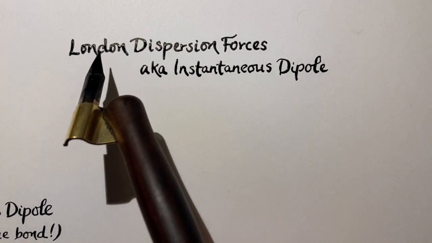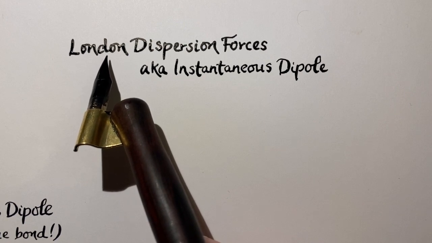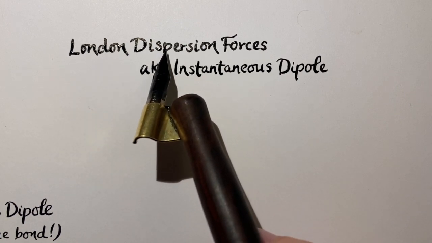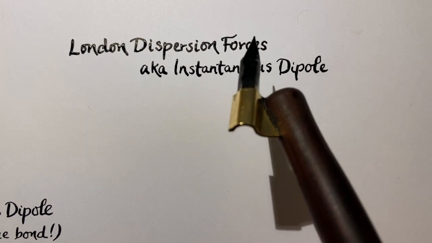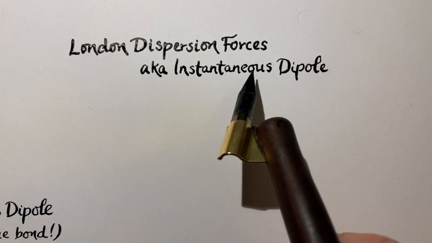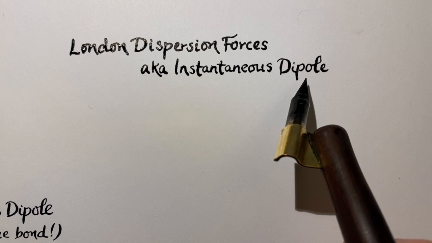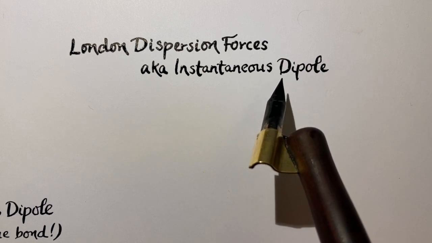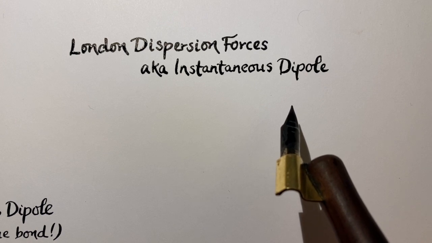Some people shorten this and just say London Forces. Some people shorten it and say just Dispersion Forces. Instantaneous Dipole, though, this is the most descriptive name, and you'll see why once I start explaining it.